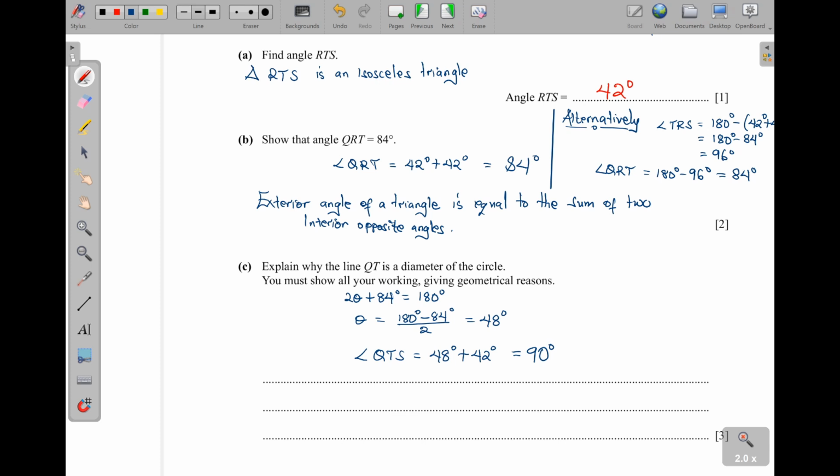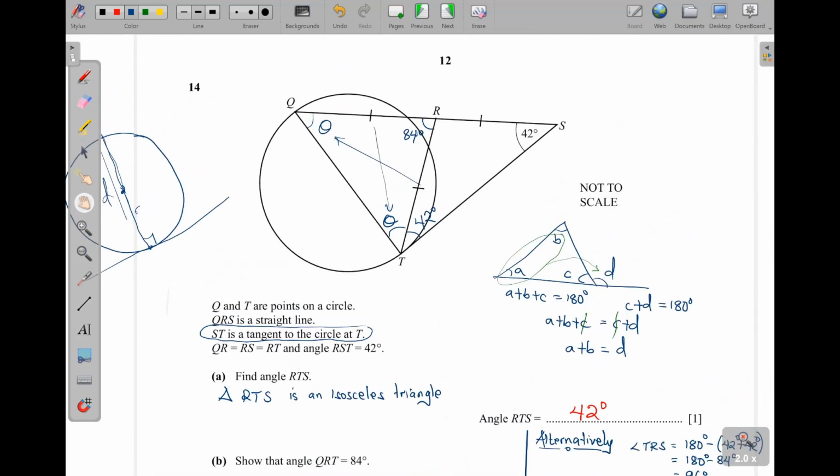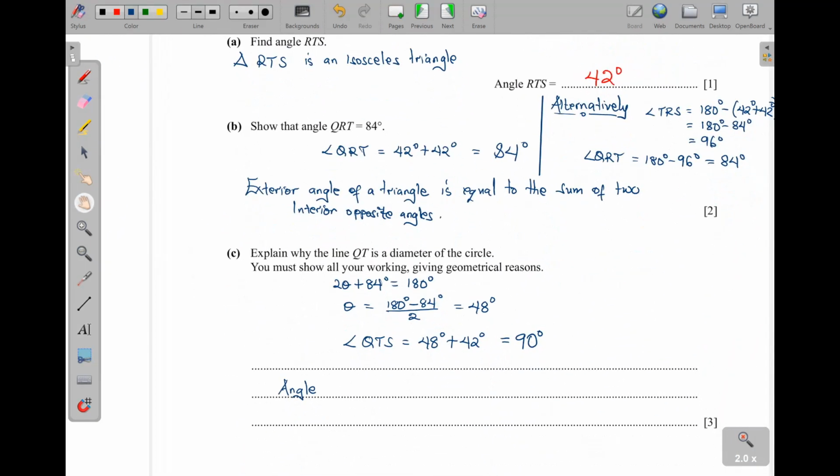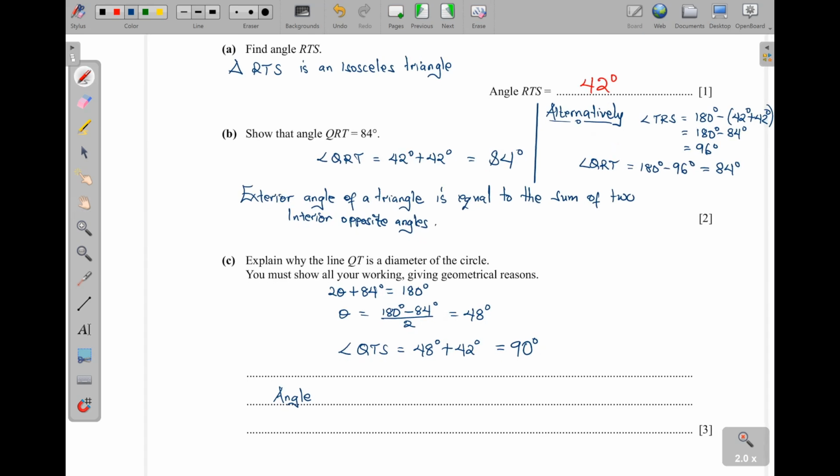I'm going to say angle RTQ, which is the theta, is equal to 48 degrees.